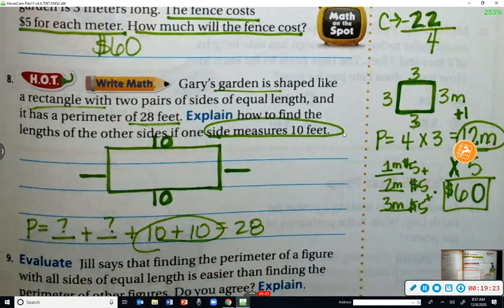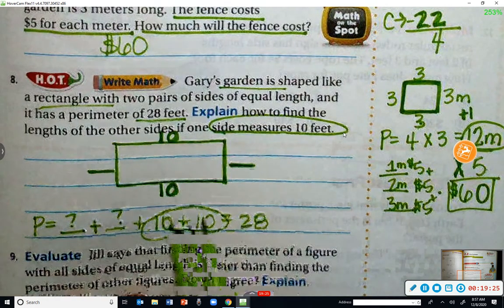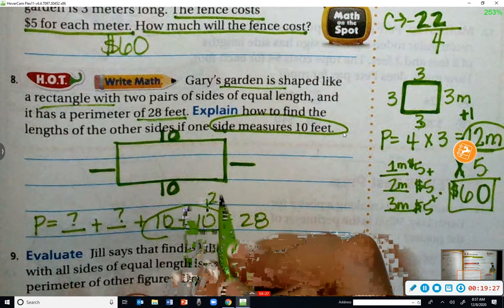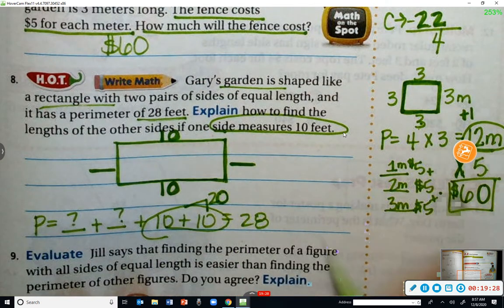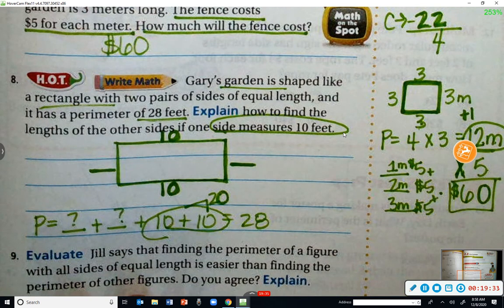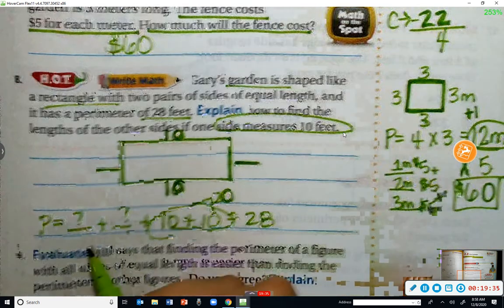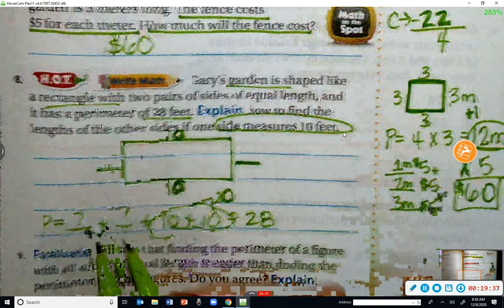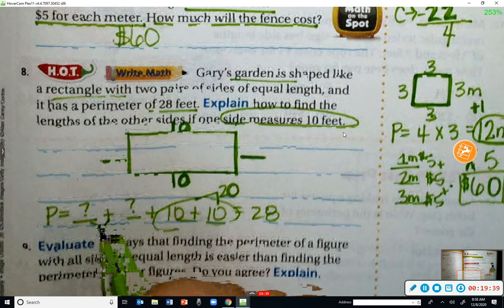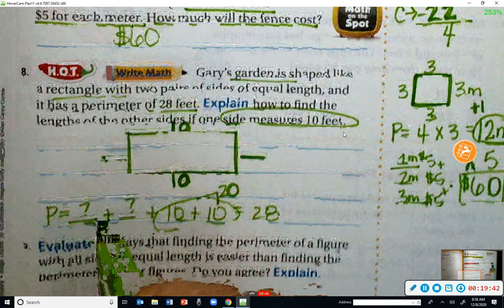Yes. What is 10 plus 10? 20. 20, okay? So since that equals 20, that tells me I only have how much left? You have 8. I have 8 left. So these 2 numbers have to add up to 8. Very good. 4 plus 4.